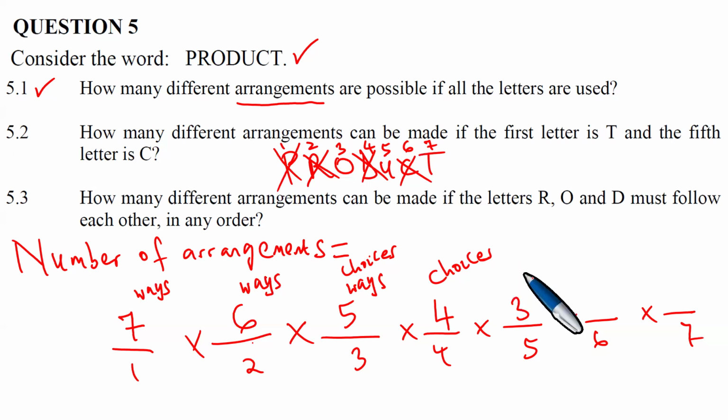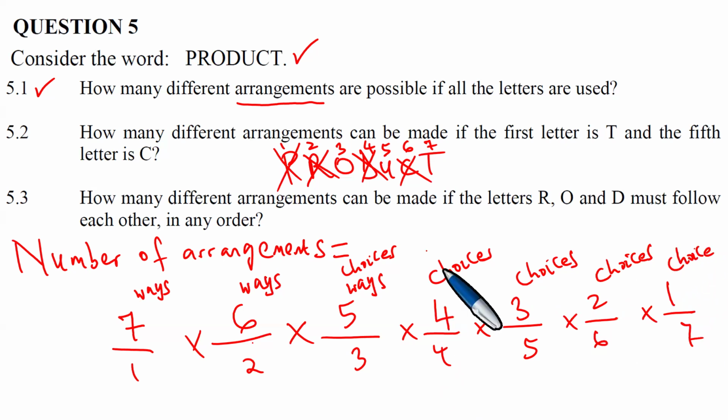We have 3 choices to make. After that, we have 2 choices to make. After that, we have 1 choice to make. In other words, the letters can be chosen in 4 ways, 3 ways, 2 ways, one way.